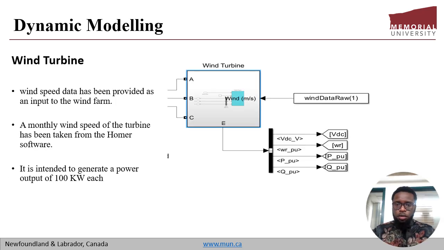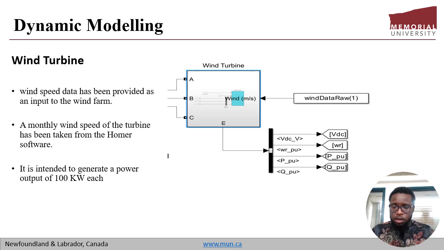We got the input raw data and we are feeding it into the wind turbine. It's simulating how the wind turbine will operate under varying wind speed. So under varying wind speed, we are going to have the monthly wind speed for the turbine, which has been taken from the HOMER software, and we also want to generate power, because we are going to be having a wind farm.